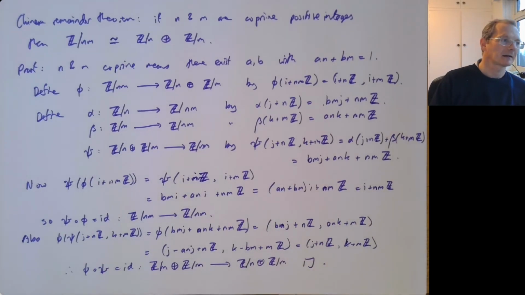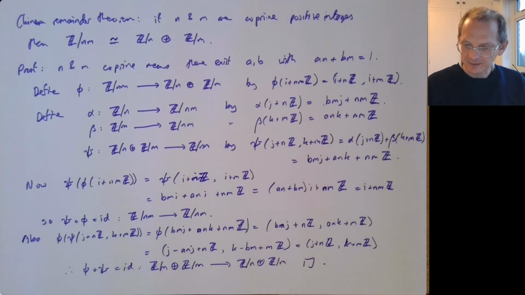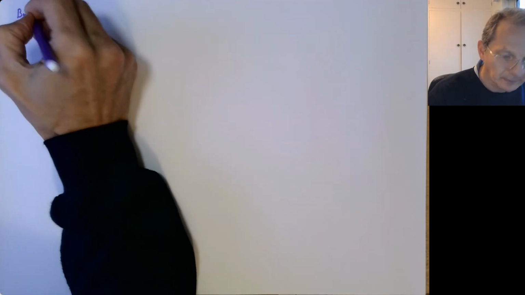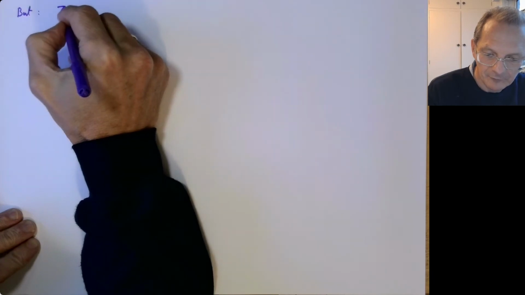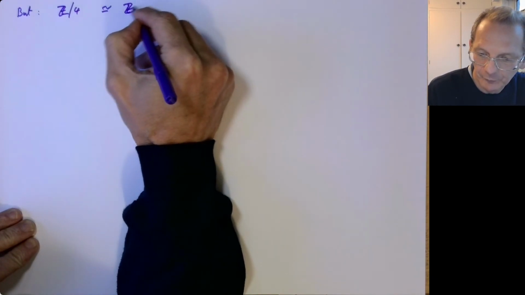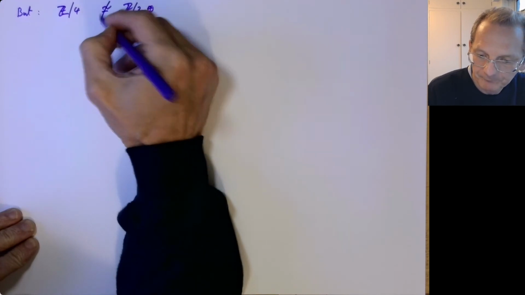Okay, so that's the Chinese remainder theorem. If n and m are co-prime, then Z mod nm is the same as Z mod n plus Z mod m. But it doesn't work if n and m are not co-prime. Let's look at the most basic case. Z mod 4 is not isomorphic to Z mod 2 plus Z mod 2.